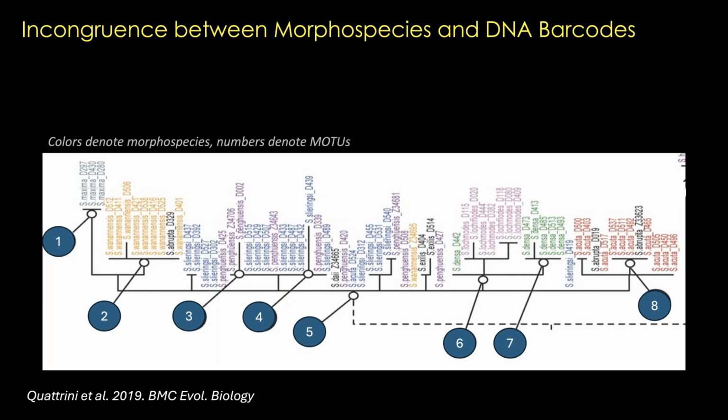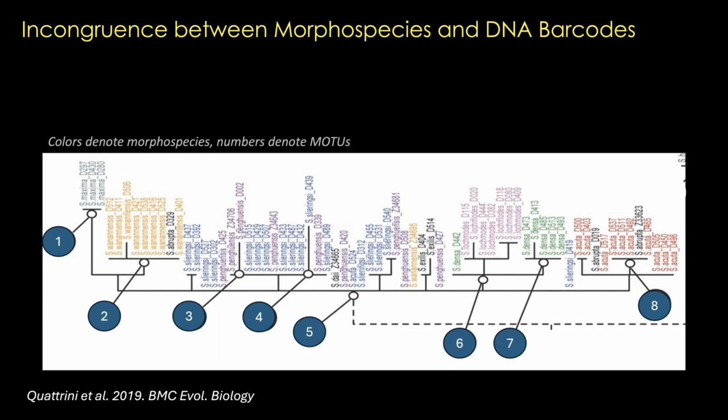And all of the different numbers designate the different molecular operational taxonomic units that were defined by some analyses. And what we see is the strong incongruence between morphospecies and these DNA barcodes. For example, if you look at the blue and the purple, they're all strung throughout the tree. Black, S. abrupta, that's seen in the yellow clade and in the red clade.